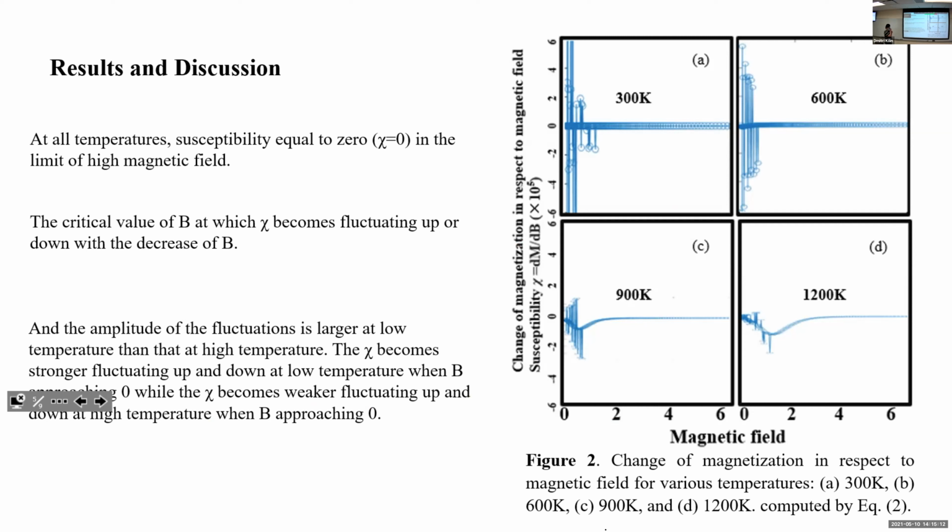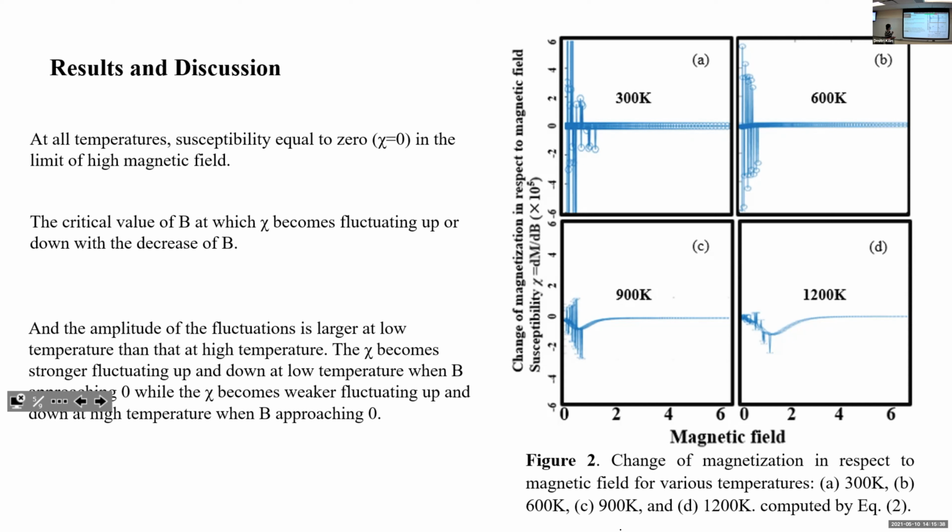The second feature is the change of the magnetization in response to the magnetic field for various temperatures. We can see at all temperatures, the susceptibility equals zero in the limit of a higher magnetic field.